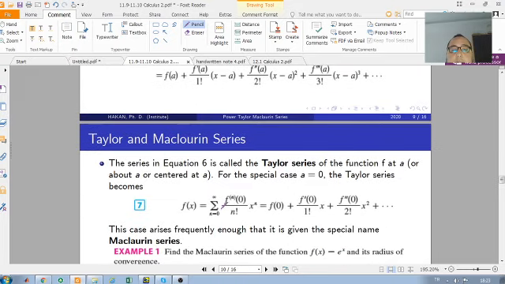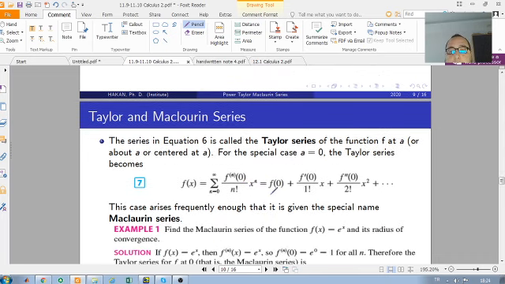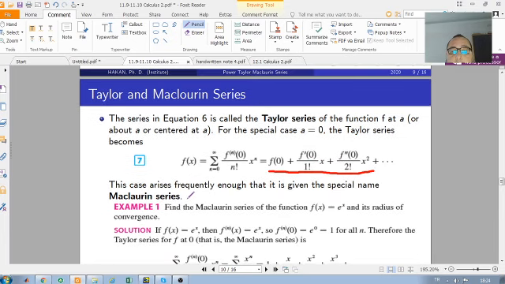So the Taylor series becomes the nth derivative of f at 0 over n factorial. This is the coefficient formula, times x to the power n, and explicitly you can see the terms of this power series representation for f. This case arises frequently in applied science, so it is given a special name, which is called Maclaurin series. If you write 0 for a in the formula of the Taylor series, you will obtain a special case which is called the Maclaurin series.